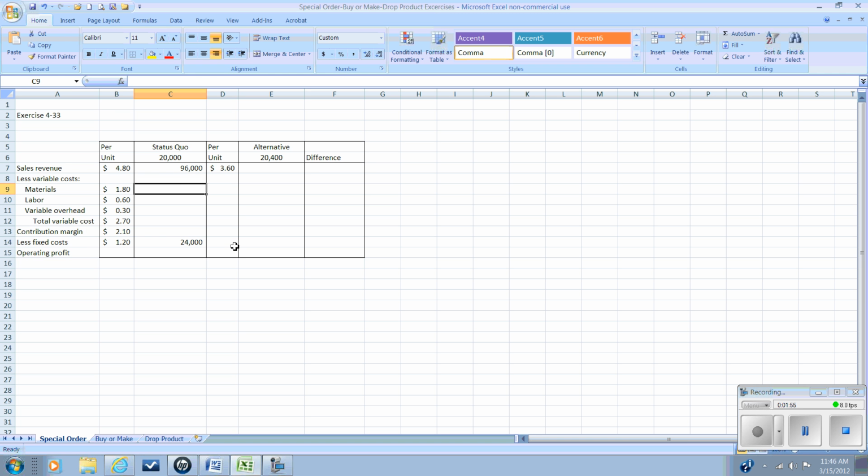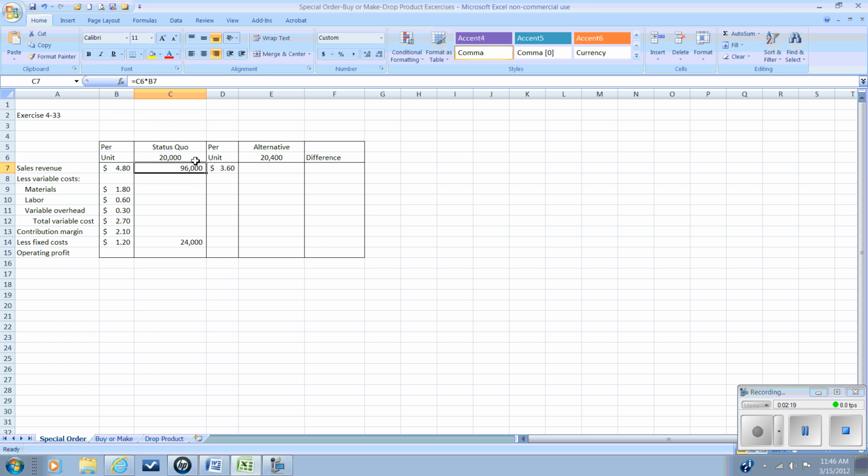For our variable costs, we're going to be taking each of our variable costs and multiplying it by 20,000. Now we can do a little shortcut, since the process of doing this will be taking the unit price, which is the cell to the immediate left, and multiplying it by cell C6.